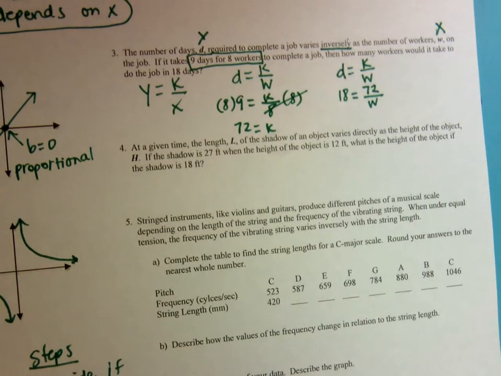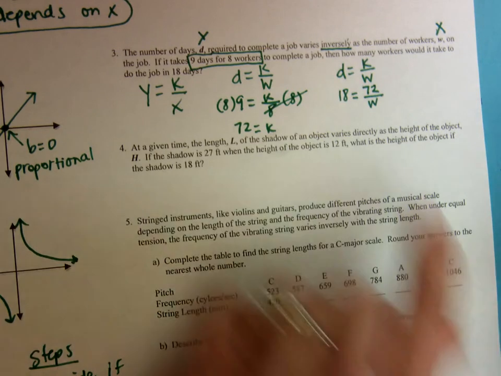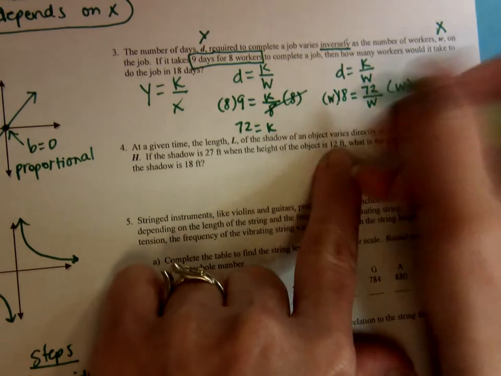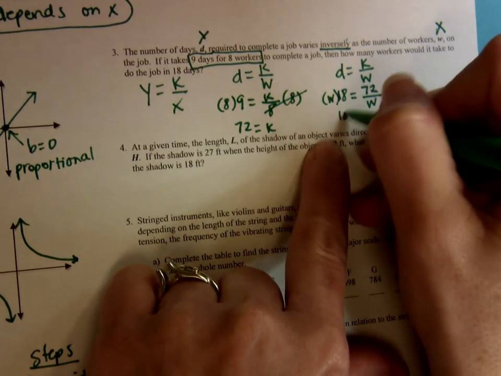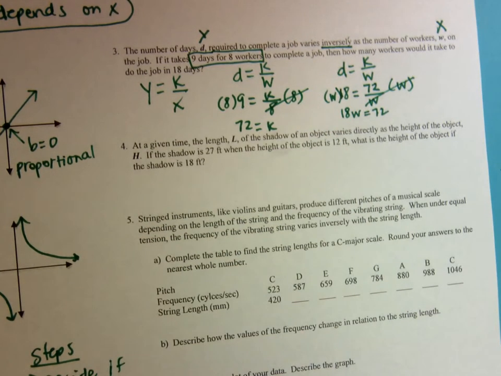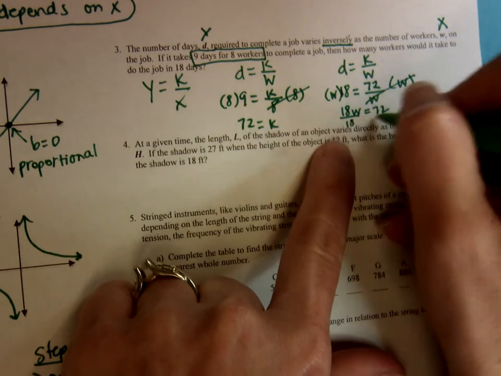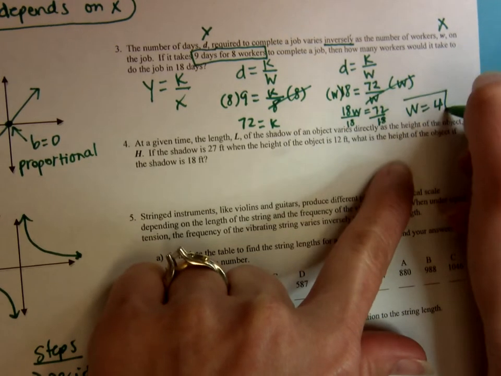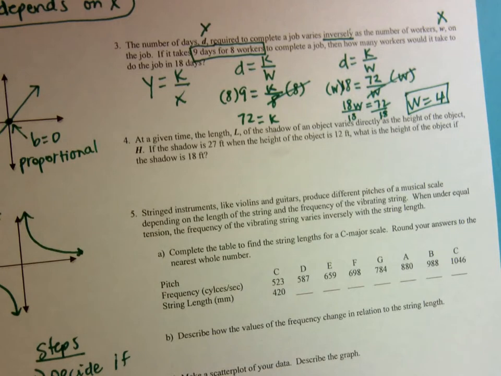But what do we do to make the w not be the denominator? Multiply both sides by w. Yes. So then this would be 18w is equal to 72 since the w's will cancel. Now what? Divide by 18, and w is equal to 4. There would be 4 workers that would complete the job in 18 days if it varies inversely.